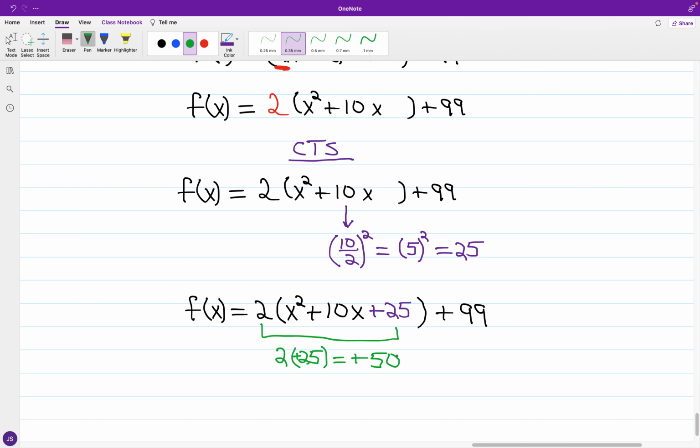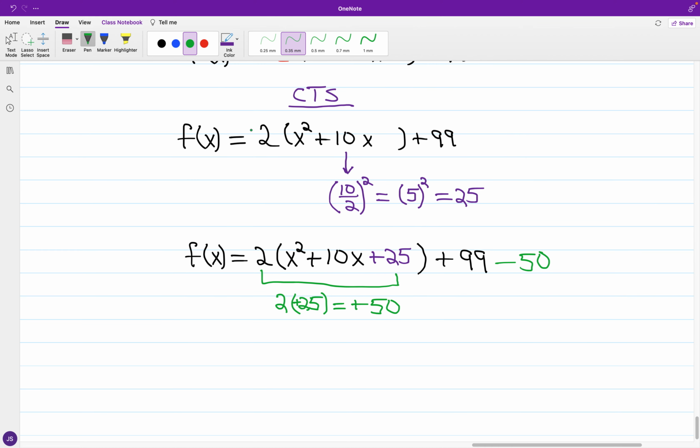And to offset the imbalance, I'm not taking away just 25, but taking away 2 times 25. So for right now, I have 2 times the quantity x squared plus 10x plus 25, and 99 minus 50. That is going to be 49.